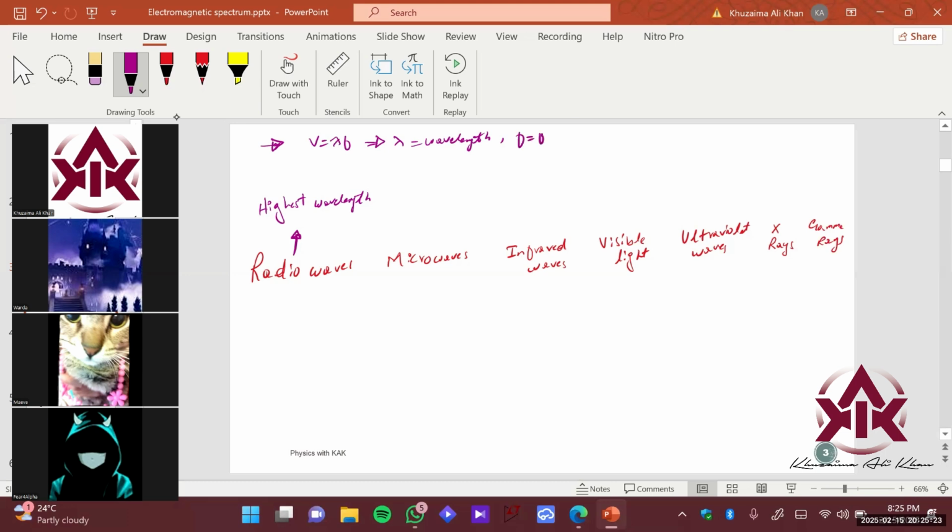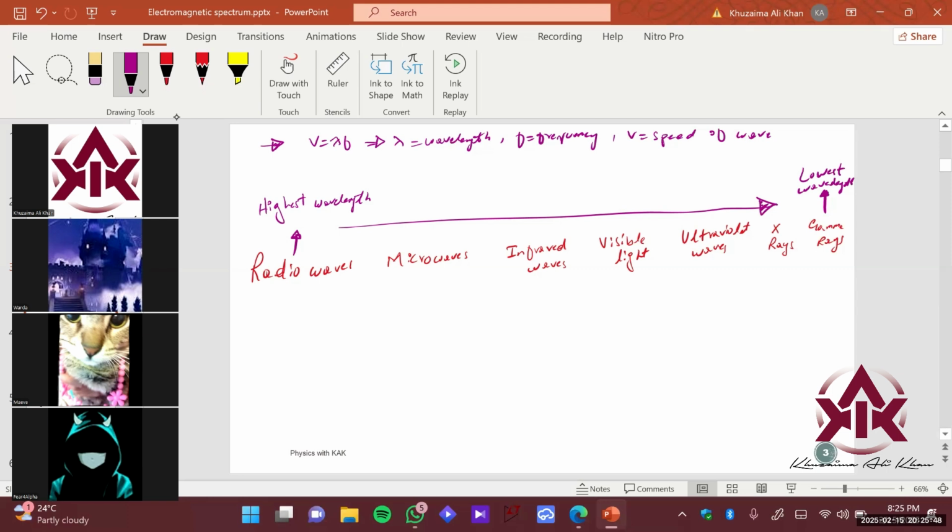And f was frequency, and v was the speed of the wave, right? So it has the highest wavelength, and gamma rays have basically the lowest wavelength, right? And this order goes in this direction.